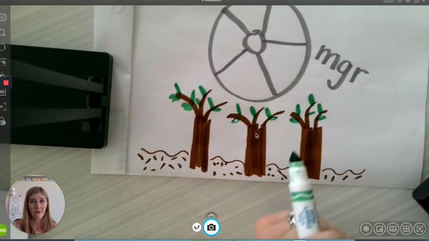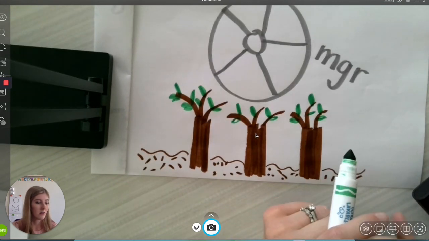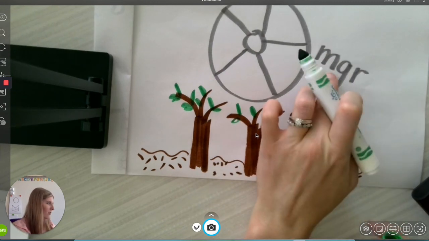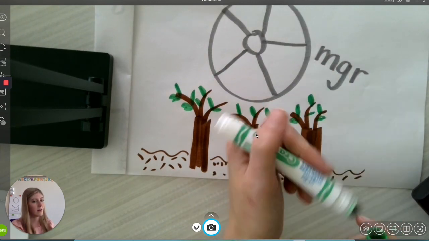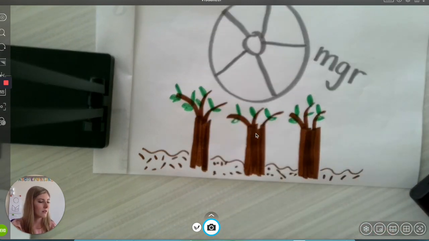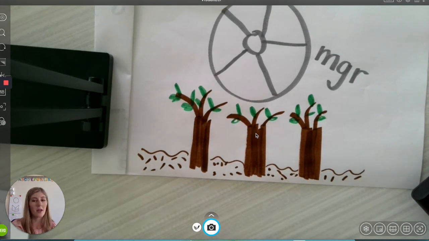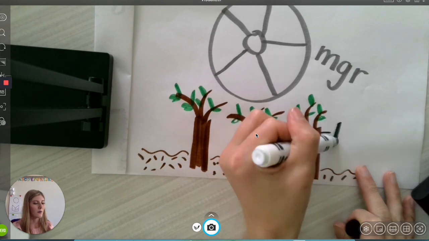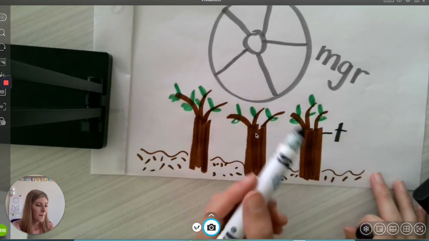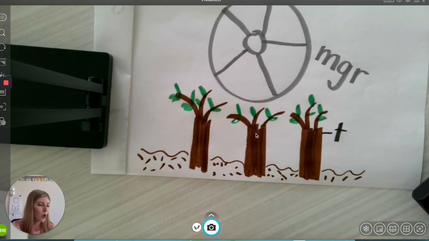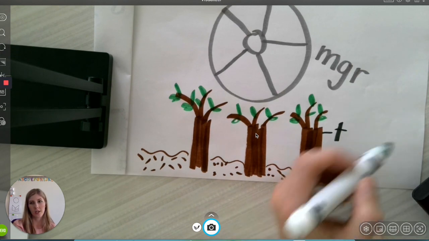I only have merry-go-round here, so I should probably add a label here that I have a tree. Oh, and then I have the mulch here.